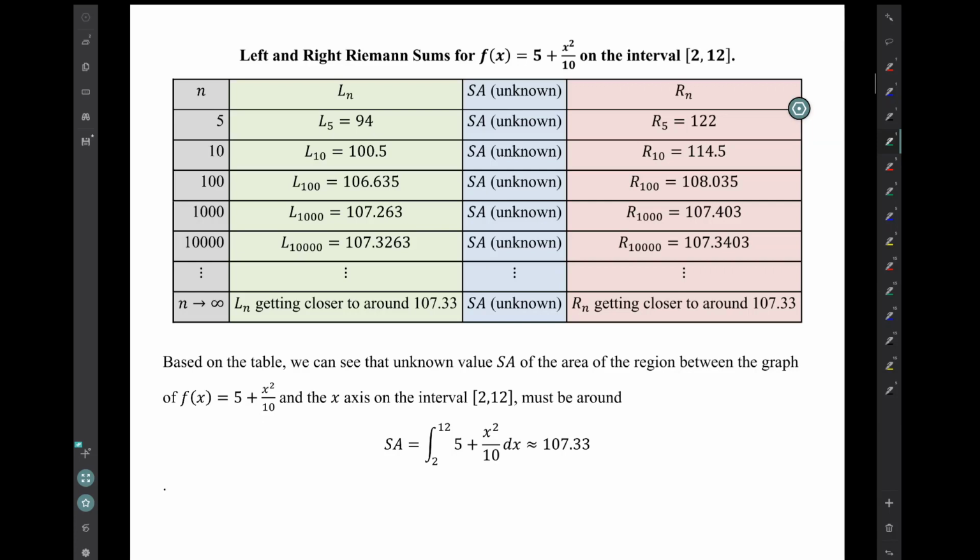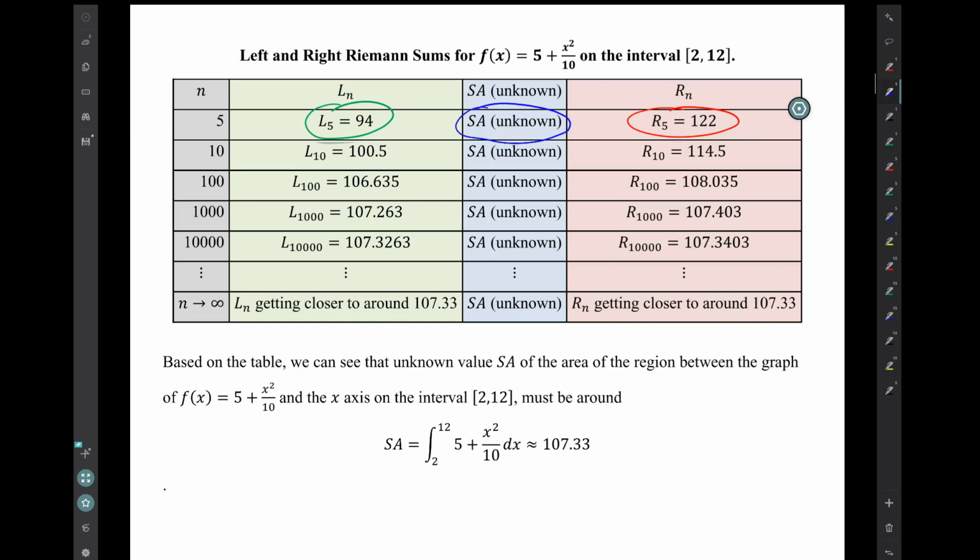And recall that in previous videos we computed values of the left Riemann sums and the right Riemann sums. For the picture on the previous page, the left sum was 94 and the right sum was 122. Those were the left and right sums with 5 subintervals. So that gave us lower and upper bounds on this unknown signed area.